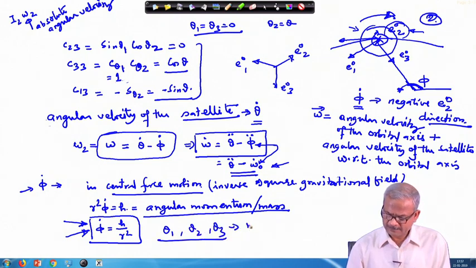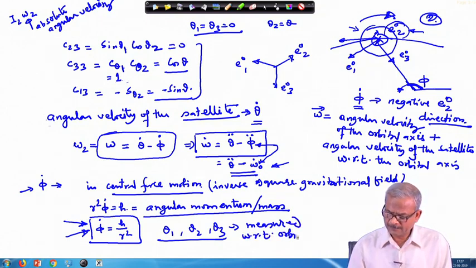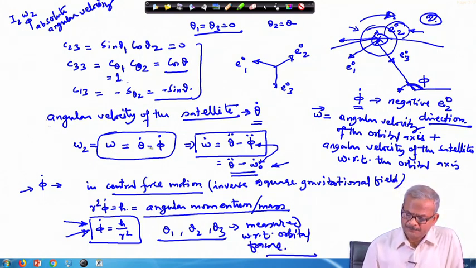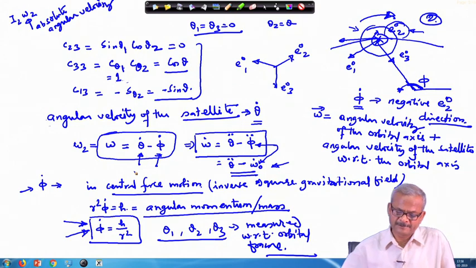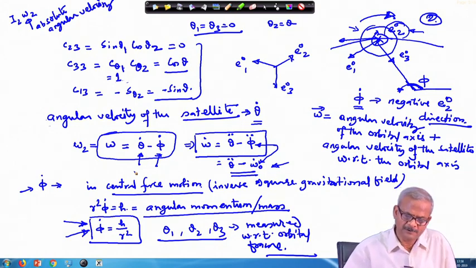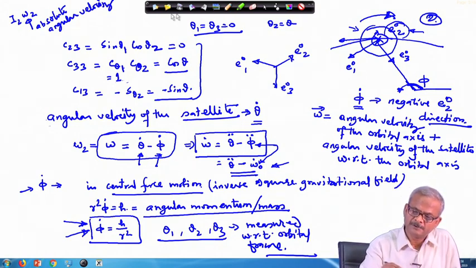These were measured with respect to the orbital frame, and this is the motion of the orbital frame itself. Now we are ready to face the problem.